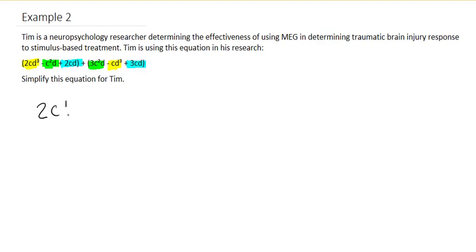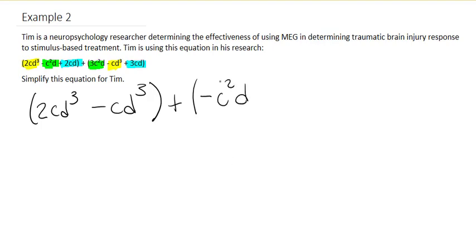So we have 2CD to the third minus CD to the third. We'll put that in parentheses, and then we're going to go plus, I'm going to go minus C squared D, can't forget that negative sign, plus 3C squared D plus 2CD plus 3CD.